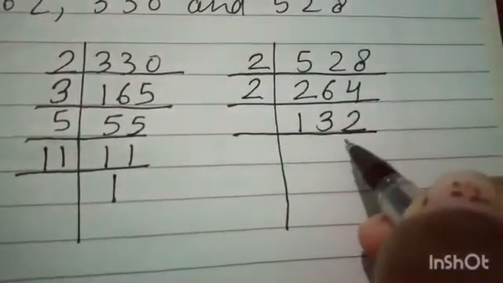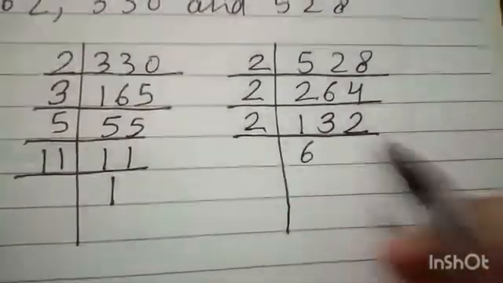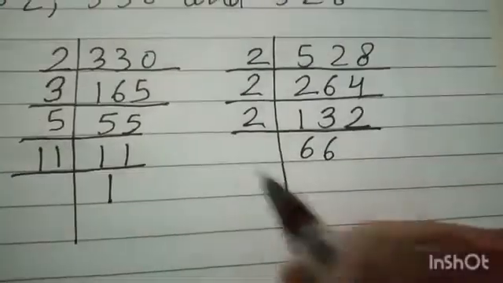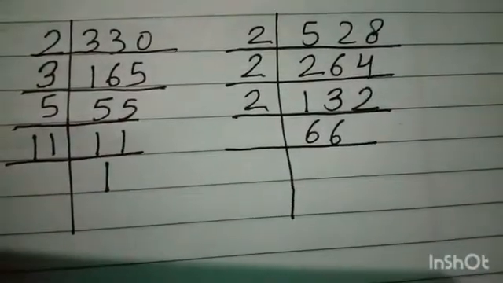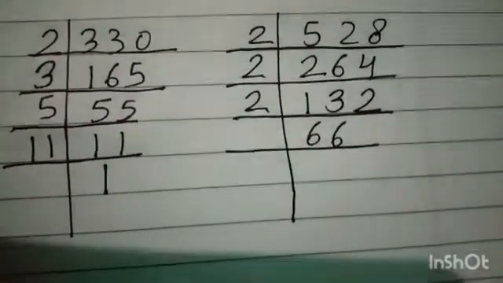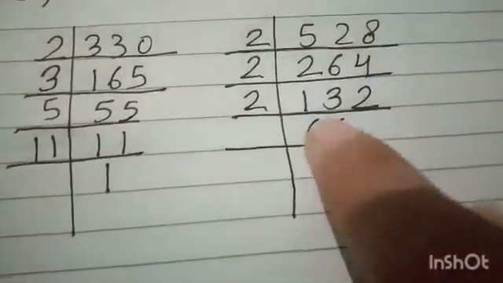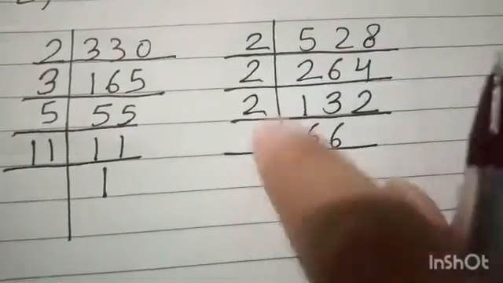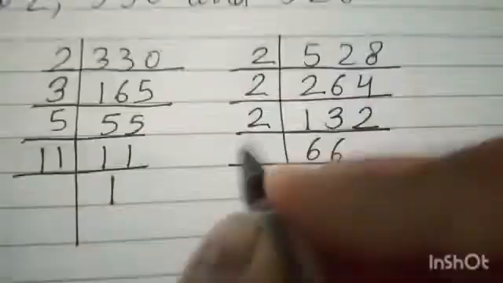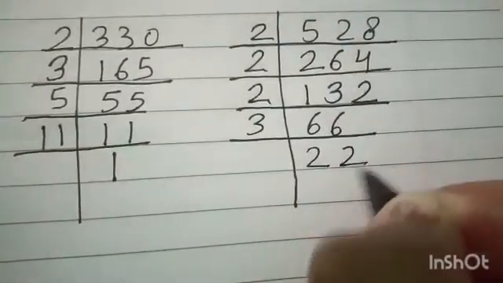This is also even, so I can divide it by 2. 2 6s are 12, 2 6s are 12. Now again I have to take a prime number. We know we can easily divide this by 6, 6 11s are 66, but we have to use prime numbers only. So let's go with 3. 3 2s are 6, 3 2s are 6.